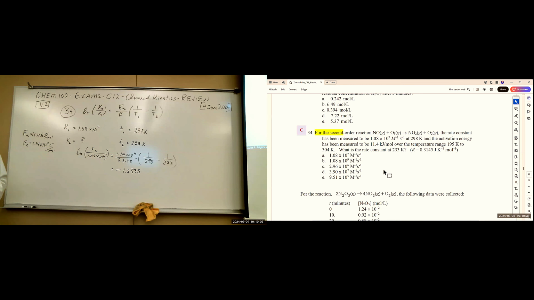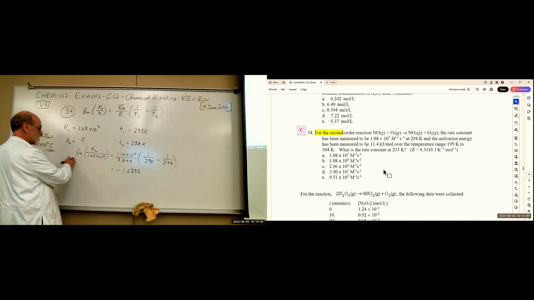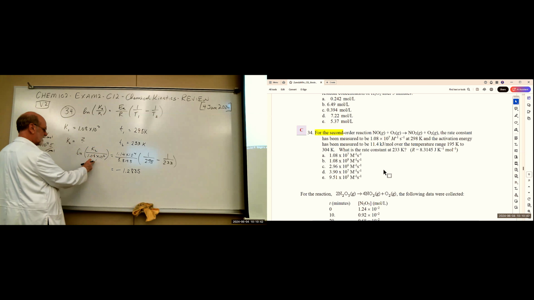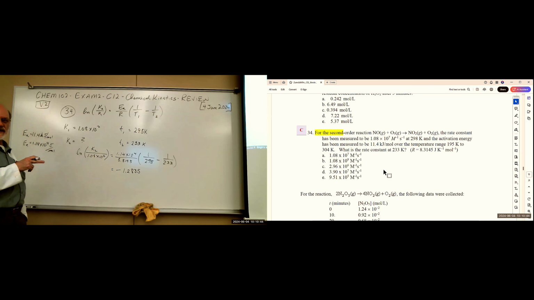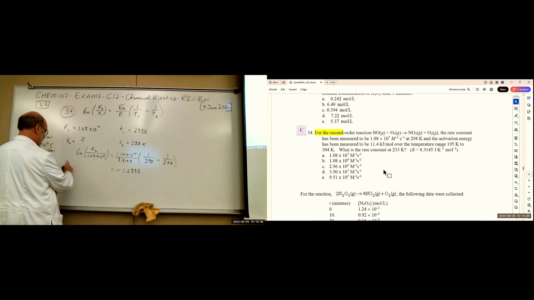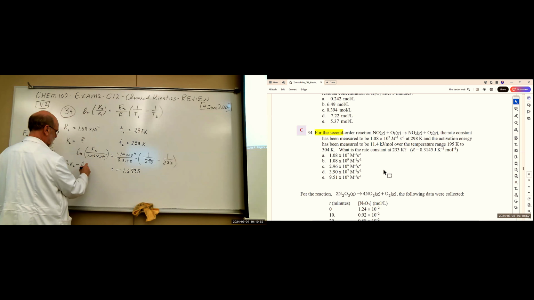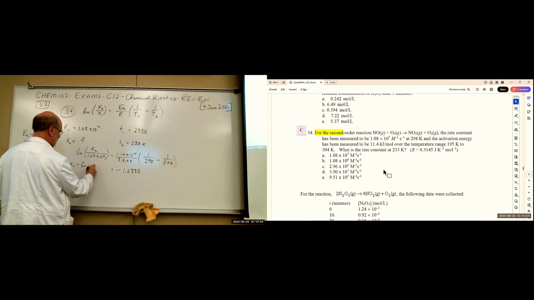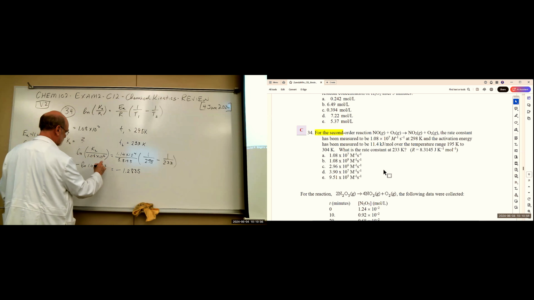Now, how do we resolve this one? We have to go back to our log tricks. The log of A divided by B is the same as the log of A minus the log of B. So this is going to be log of K2 minus the log of 1.08 times 10 to the 7.